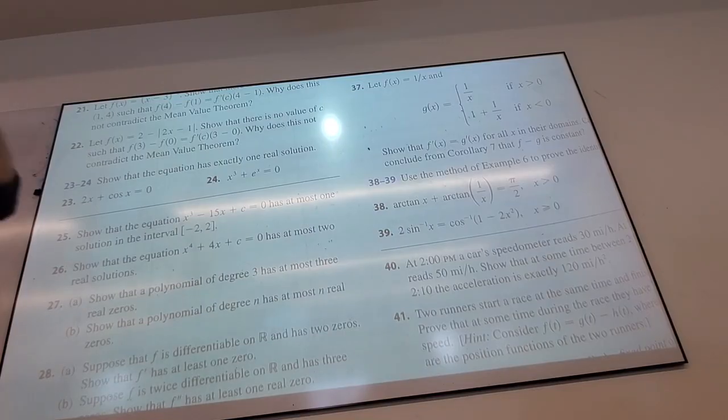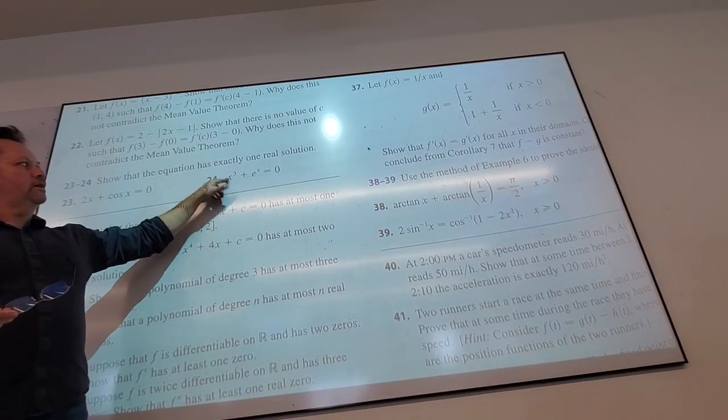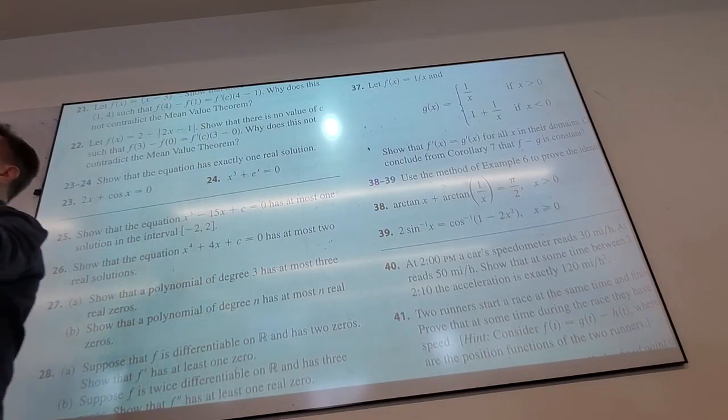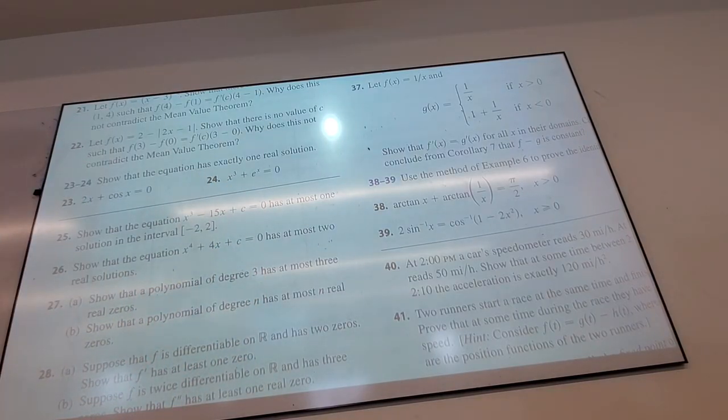Now, they could have given us the function and said, show that this has exactly one real zero, one real intercept, yes? But they gave it to us as an equation. All right, let me see if you guys are cool with this. The function we're dealing with is x cubed plus e to the x. That's obviously continuous and differentiable because it's got a polynomial and it's got the best function that ever existed, e.